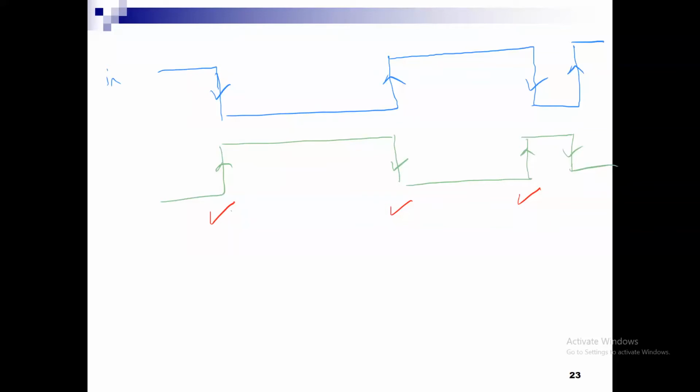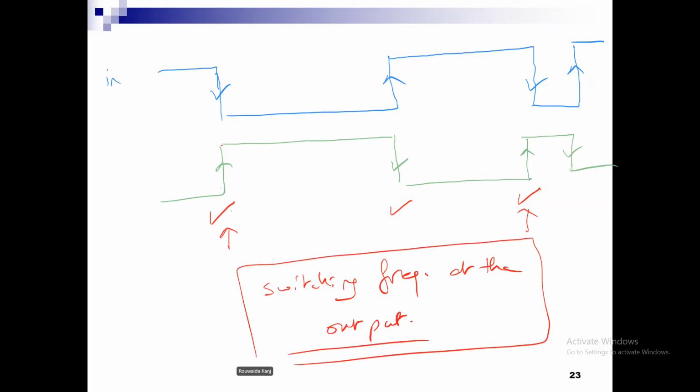So if I count the frequency of charging, the switching frequency we call it, is what matters at the output. So the switching frequency at the output is what matters. So we will start with the period and then we'll talk about the switching frequency.